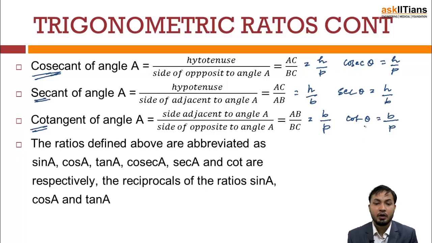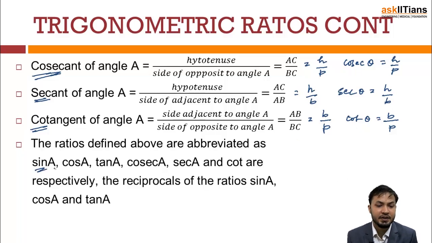Okay. So now we have defined all the 6 trigonometric ratios. The most important thing to learn is the sine and the cos. If I know sine and cos, I can calculate all the 4 of the rest remaining. How?